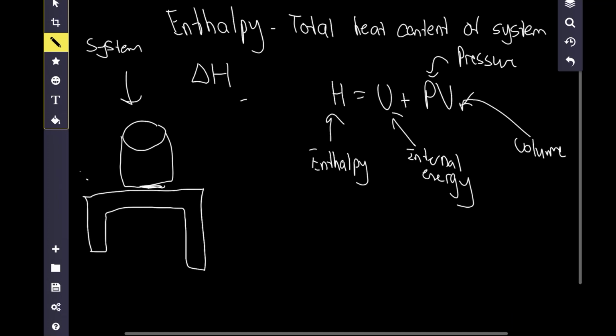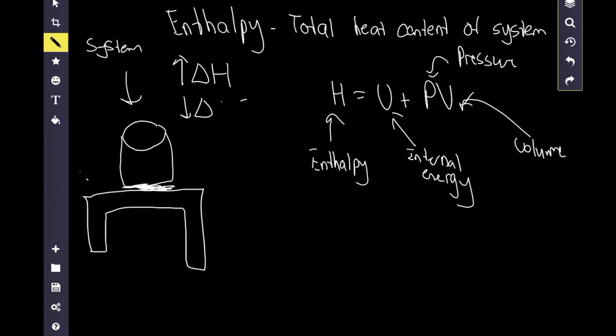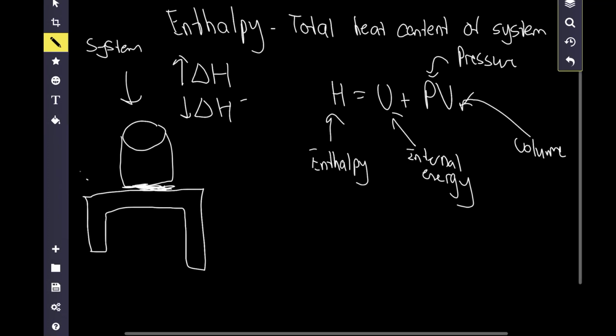If we turn on the heat, the pot's enthalpy, the heat content of the pot, would increase. And if you turn off the heat, you can say the pot's enthalpy decreased. When enthalpy increases, it has a positive sign, and when enthalpy decreases, it has a negative sign.